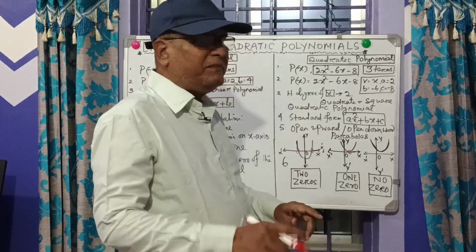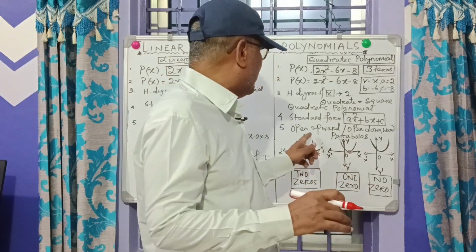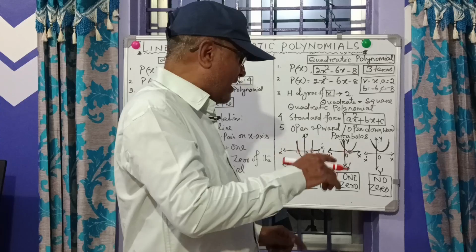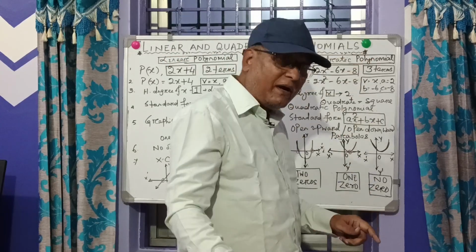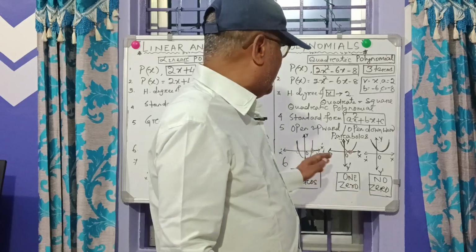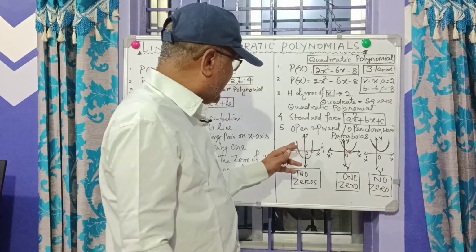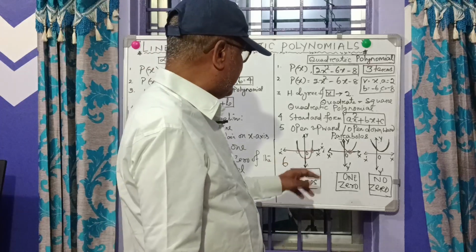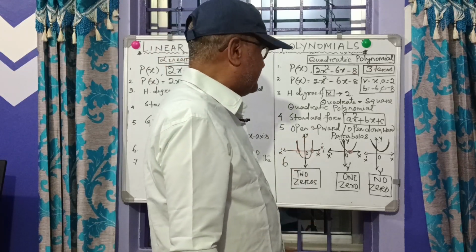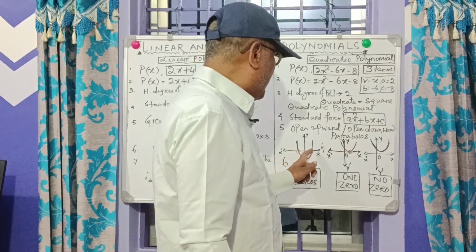We have mentioned here that the graphical representation is open upward or open downward parabolas. This shape is called a parabola. In the first case, the parabola is open upward and it intersects the x-axis at 2 points.